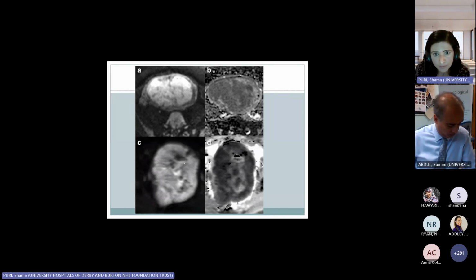But they both have high signal on DW images. But when you look at ADC, this is much darker than this one, which means objectively this had an ADC value of 0.7 and this had 1.2. So according to them, this is the differentiating factor in showing whether this is a fibroid or a leiomyosarcoma. So that's how this goes.